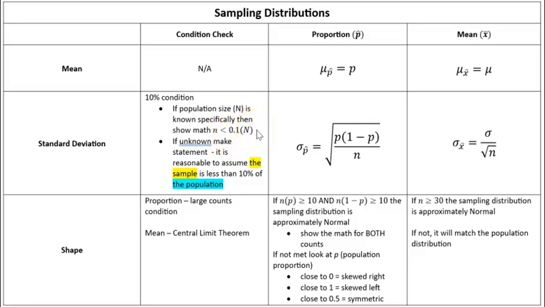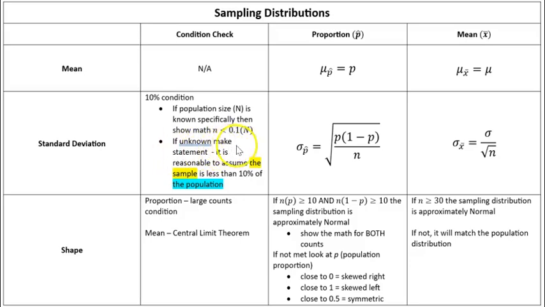Okay. But like we saw in our daily checks, sometimes we don't know the population size specifically. They'll say all US teens, or all adults between 18 and 25, or something like that. If it's unknown, we want to know if we can reasonably assume that our sample is less than 10% of the population. Okay, so like we did on our daily checks, we need to make a statement. We can't just ignore it because we don't know the exact value.